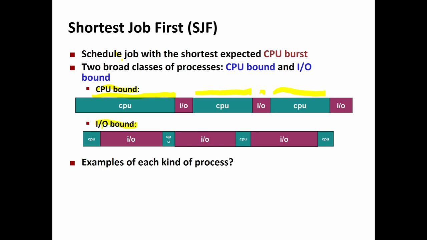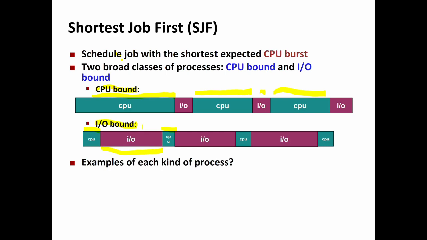I/O bound jobs use the CPU a bit, and then stay away doing I/O for a long time, and then another CPU burst. For example, when you're browsing, loading things takes a lot of CPU, but for most of the time your browser waits in I/O mode, waiting for input from you. So that's an I/O bound job.